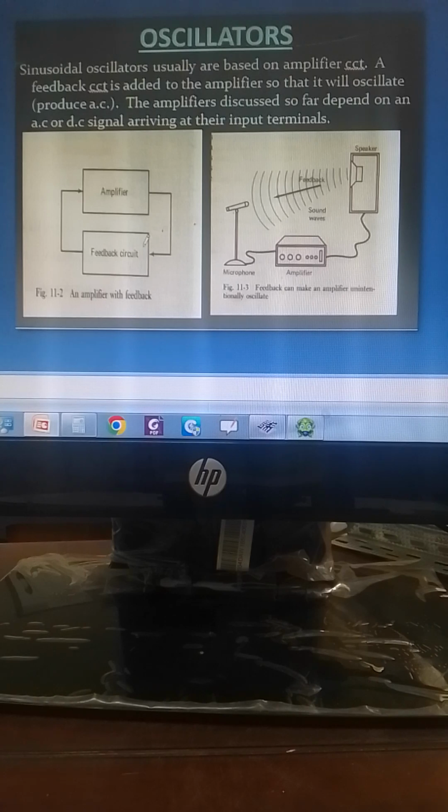Now, the feedback in most oscillator circuits is electrical. It is accomplished by resistive, capacitive, or inductive coupling between the output and the input of the amplifier. This feedback allows the amplifier to develop and maintain its own input.